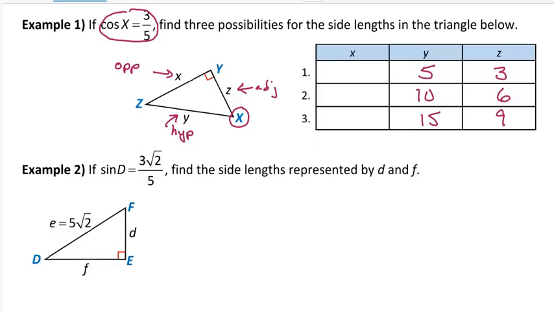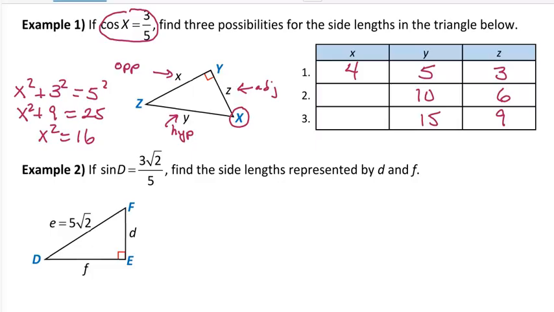If sides y and z are 5 and 3, where 5 is the hypotenuse, then we're looking for side x, right? So x squared plus 3 squared is equal to 5 squared is the Pythagorean theorem. So x squared plus 9 is equal to 25. x squared is 16. That means that x is going to be 4.